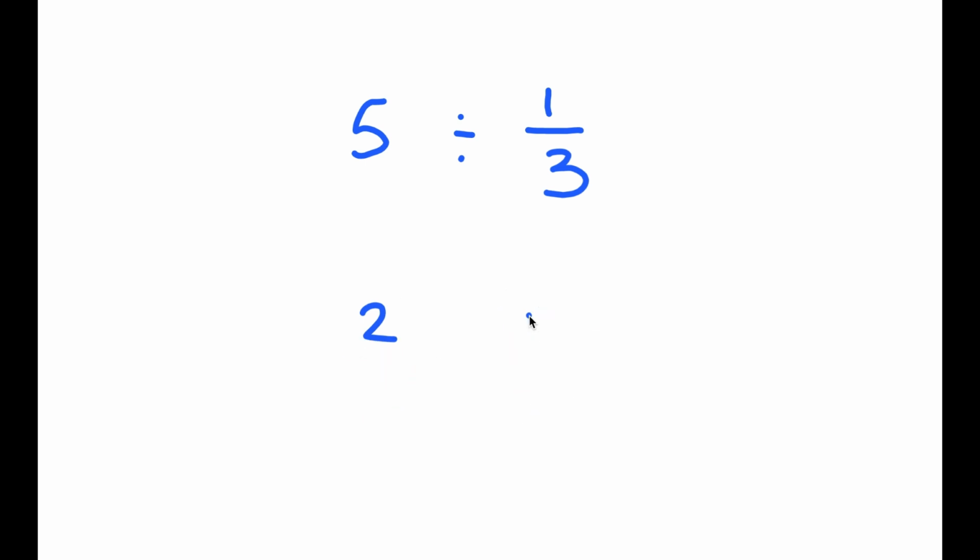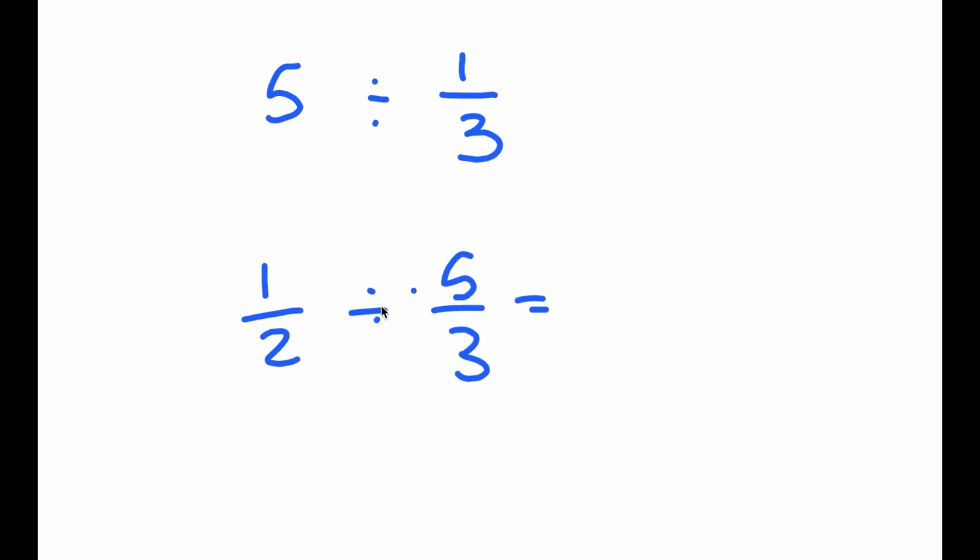So now that we know how to multiply fractions, we can learn how to divide fractions. I'm going to start with 1/2 divided by 5 over 3. To divide this we actually have to rewrite it in multiplication form.